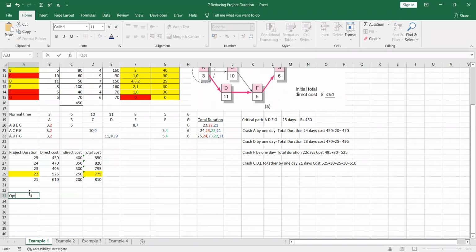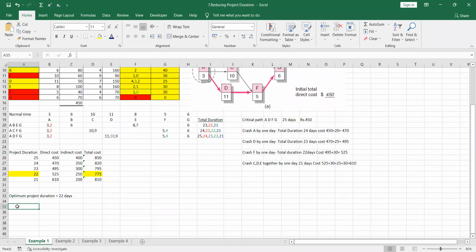So optimum project duration for this project is equal to 22 days, right? So I can ask another question, right? In that question, I am telling you to reduce the project duration as much as possible.